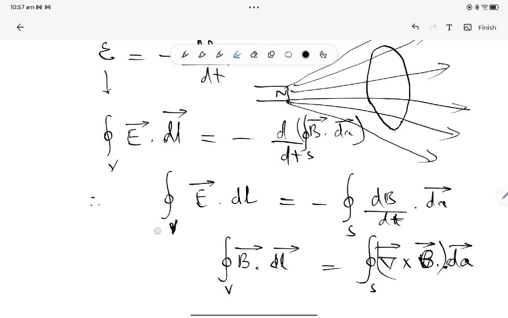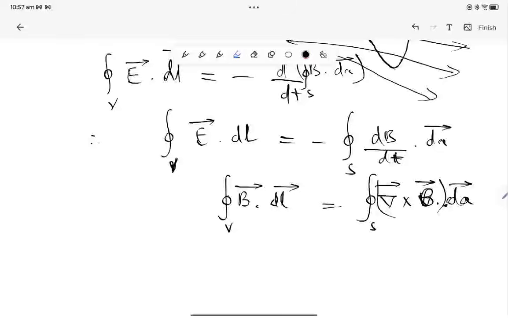This is Stokes theorem that we derived in that particular lecture.